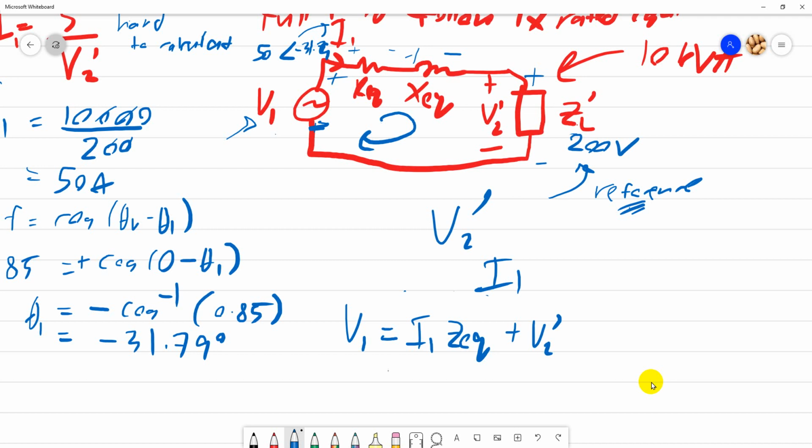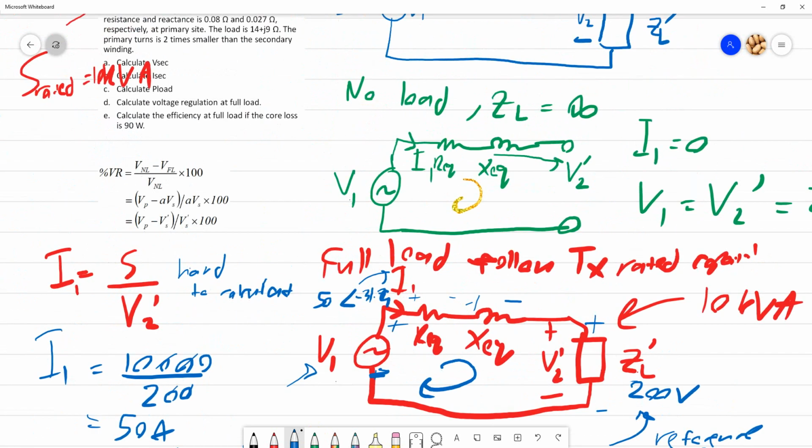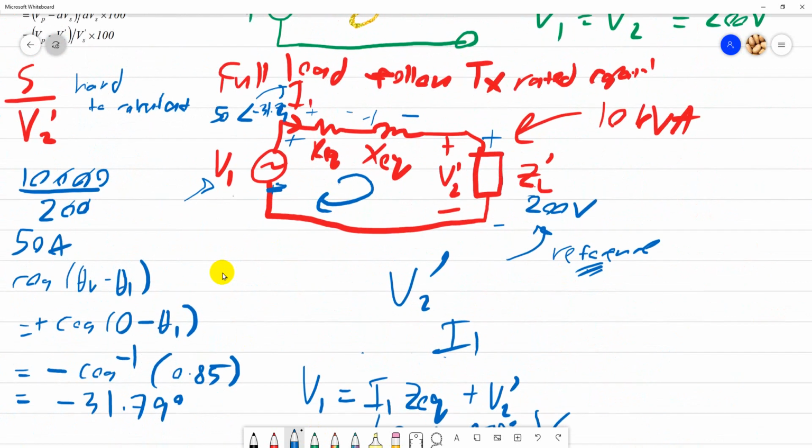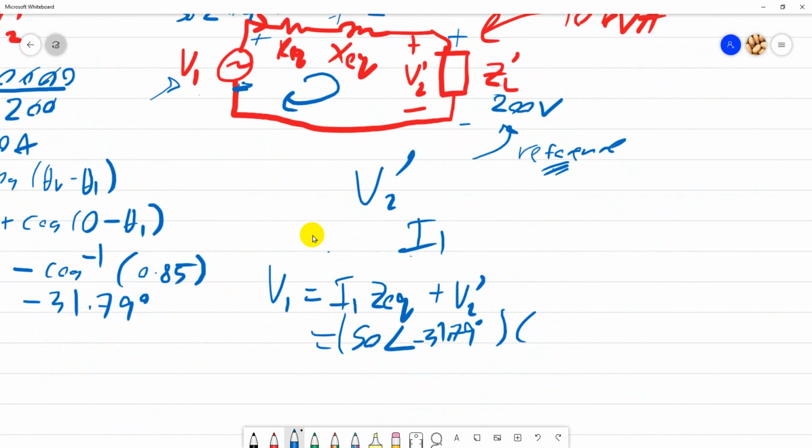For this case, you get I1 is 50 angle negative 31.79 degrees, and then the ZEQ is, you check back the question, 0.08 plus J 0.027.